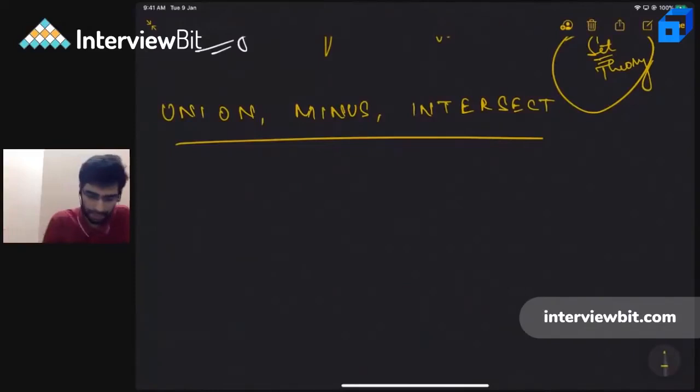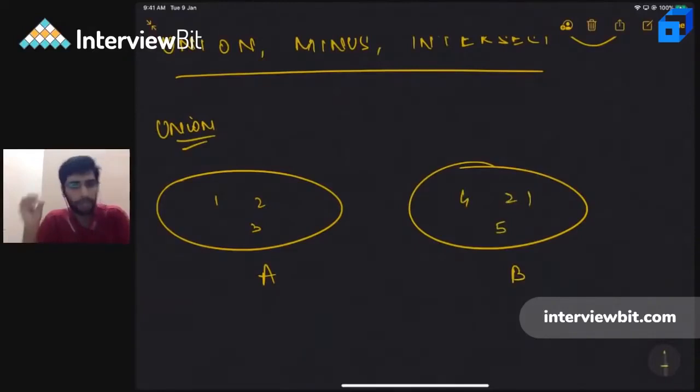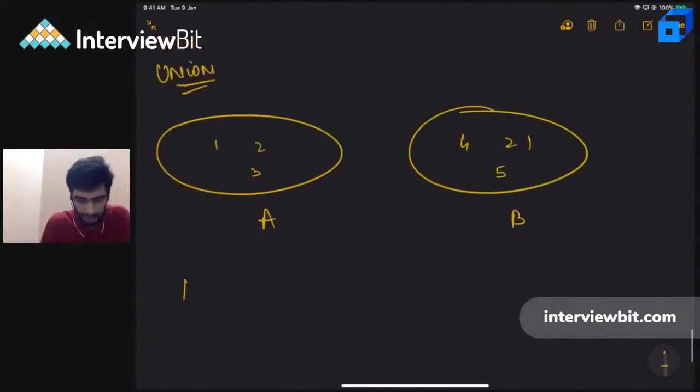What is union in a set? Let us say that we have two sets, A and B. In one set, we have three things: 1, 2, 3. We have four things here: 4, 2, 1, and 5. What is the union of A and B? By the way, union in set notation is represented by the U sign. So what is A U B? This is nothing but 1, 2, 3, 4, and 5.